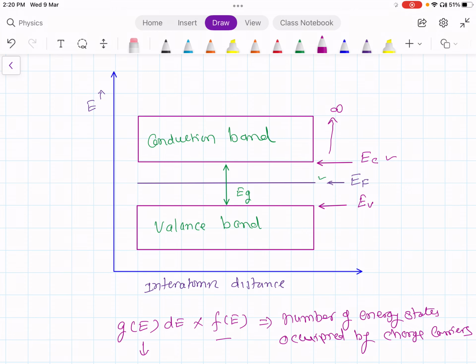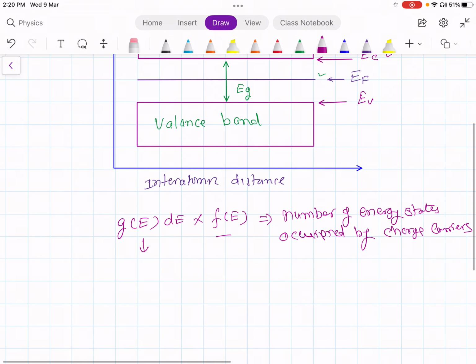Out of these energy levels from Ec to infinity, which states are occupied is given by integrating that with the integration limit from Ec to infinity. Let's say the number of electrons in the conduction band is given by the symbol n.